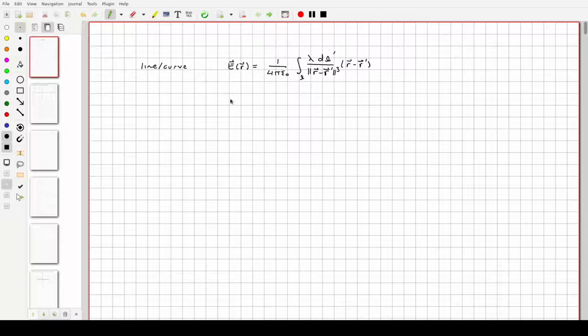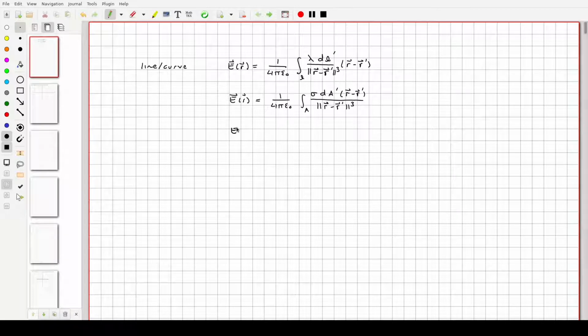Now, the one for area: 1 over 4 pi epsilon naught, the integral over area. Now, this is your area charge density, sigma dA prime, r minus r prime, divided by |r minus r prime| cubed.